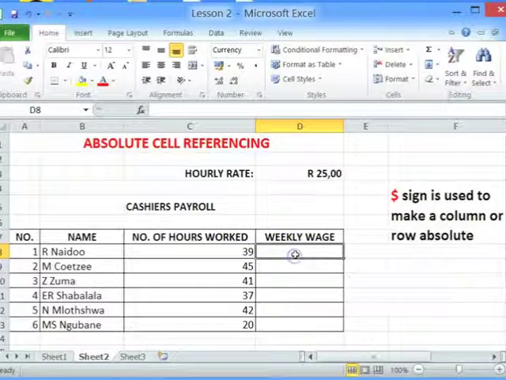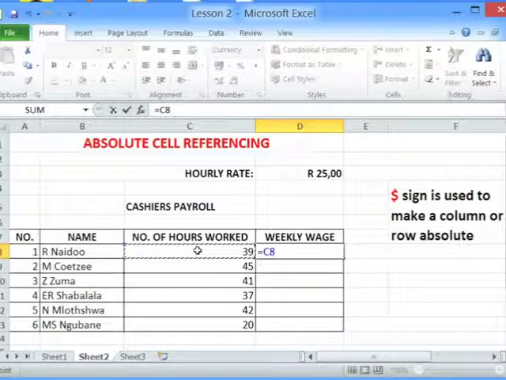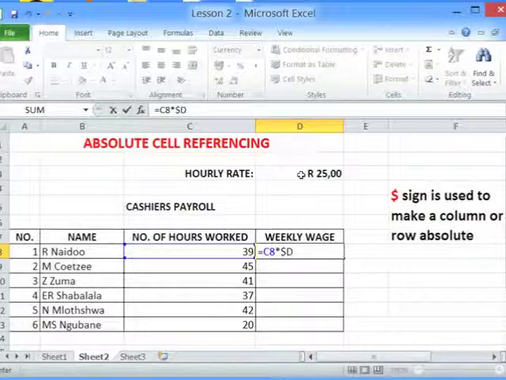So I'm going to type in the formula here equal to cell C8 times, and I want to make this cell D3 absolute. So I type $D$3.